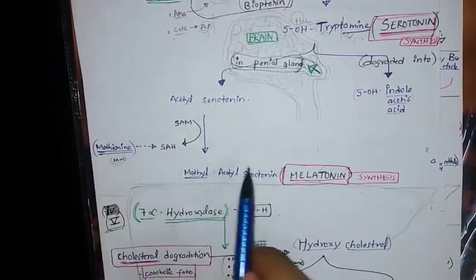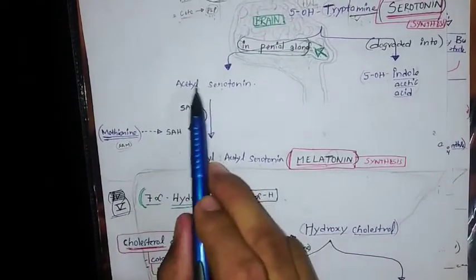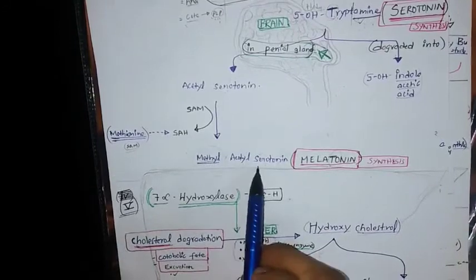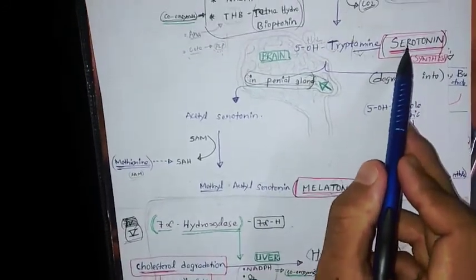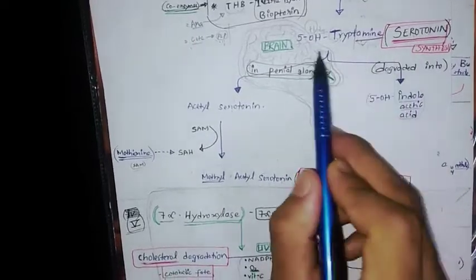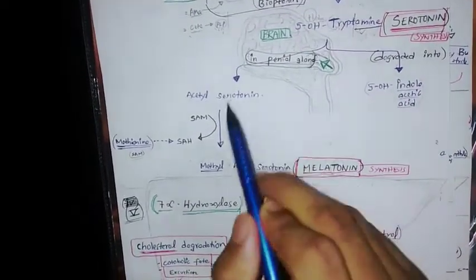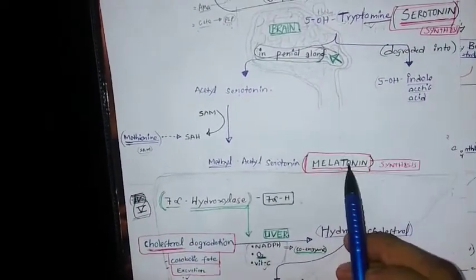Now just remember that this methyl acetyl serotonin is nothing but melatonin. This same serotonin, in the brain, is converted into melatonin in this pathway. Okay, in this way serotonin and melatonin are synthesized.